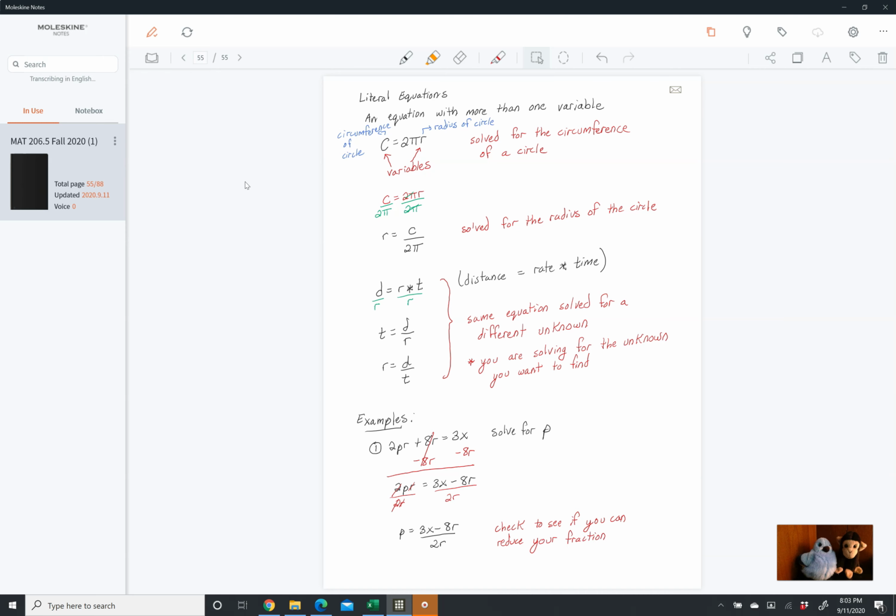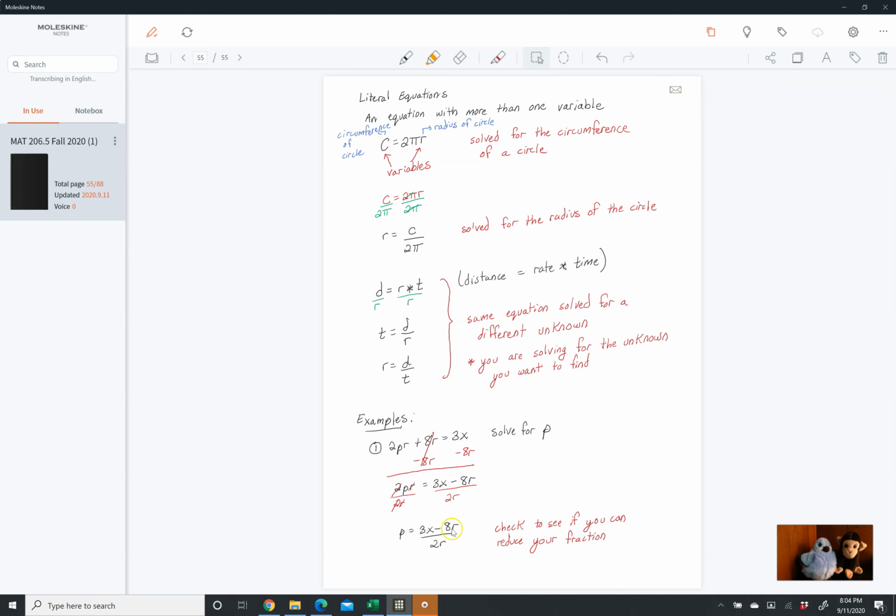Can we pull out any common factors? So this is a reminder of the very first video on order of operations. Here, we can't reduce. So this 8r is attached to this 3x. If you remember, there are invisible parentheses. So what you're looking for is a factor, something that every term has in common. There's nothing that every term has in common.